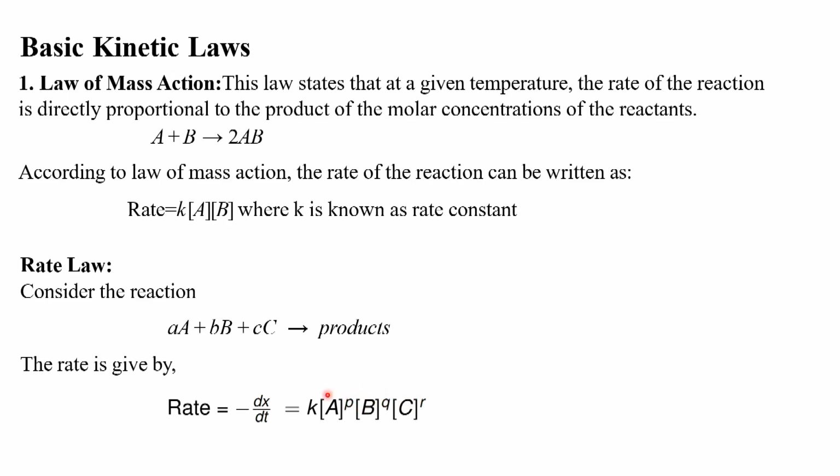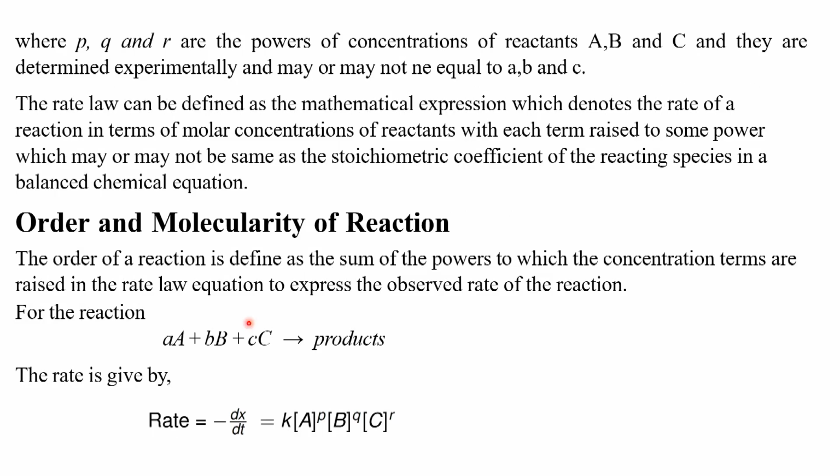So this p may or may not be equal to a. Similarly, the concentration of B raised to the q may or may not be equal to b, and this r, concentration of C raised to the r, may or may not be equal to c.